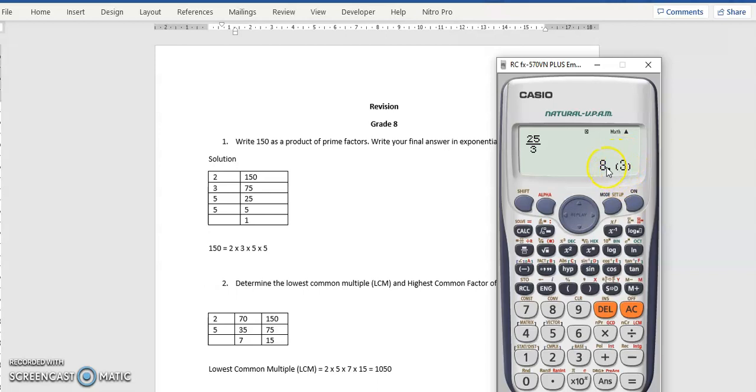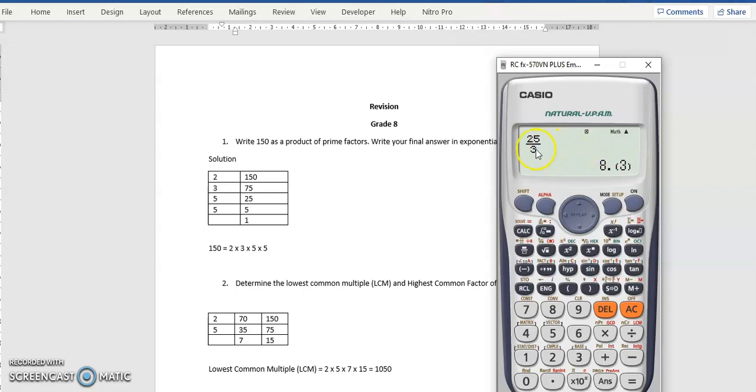But as soon as we have 8, 3, it means there is a remainder. 8, 5, it means there is a remainder. 2, 6, it means there is a remainder. So anytime you have a comma, it means there is a remainder.